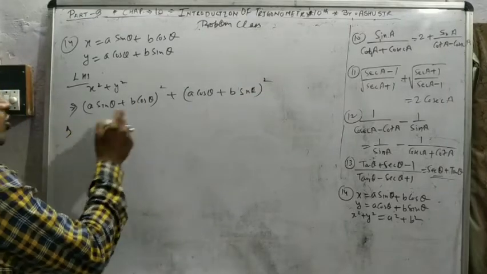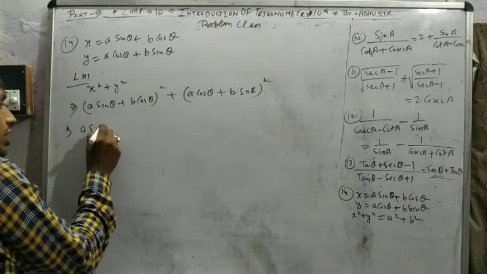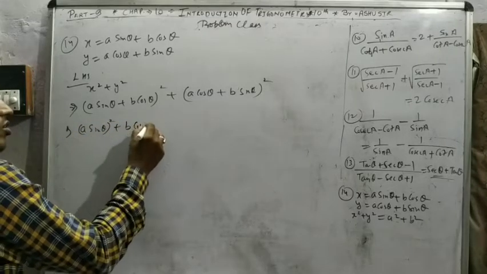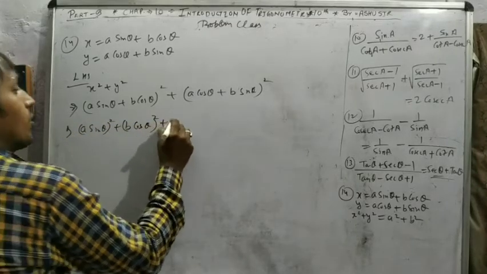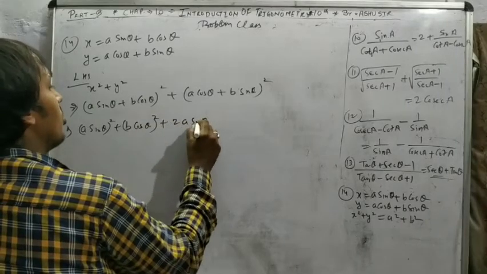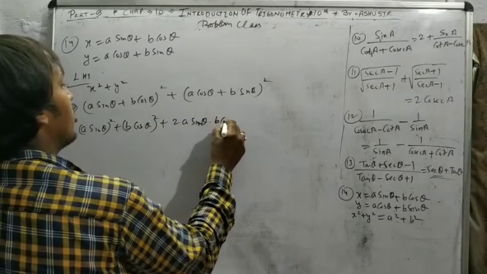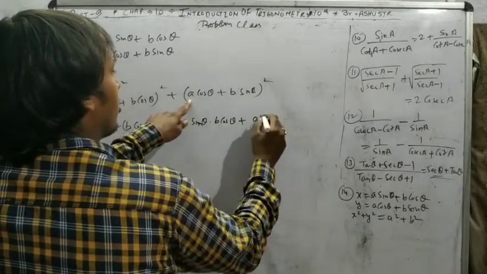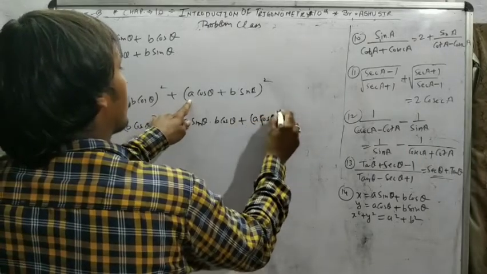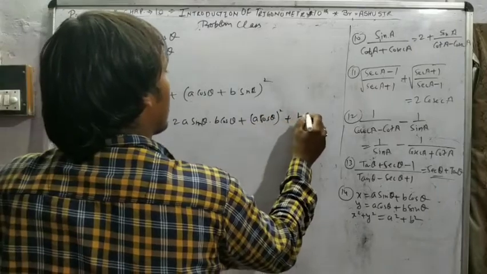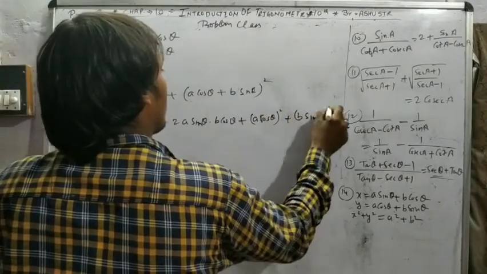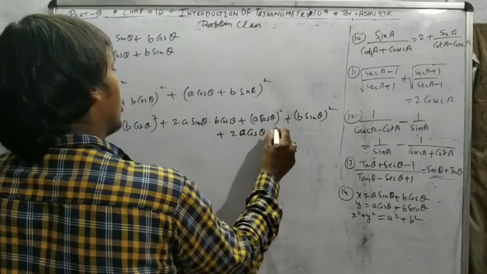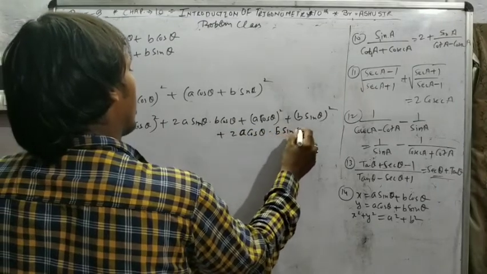Open it, a plus b whole square: a square, b square plus 2ab, here the same, a square plus b square plus 2ab.